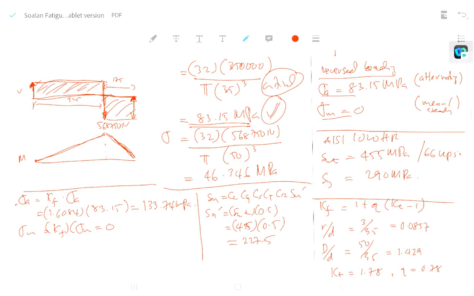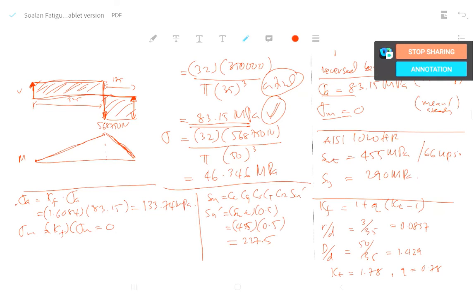Then we need to identify what are CL, CG. Okay, let's take a look at the graph for all the factors.